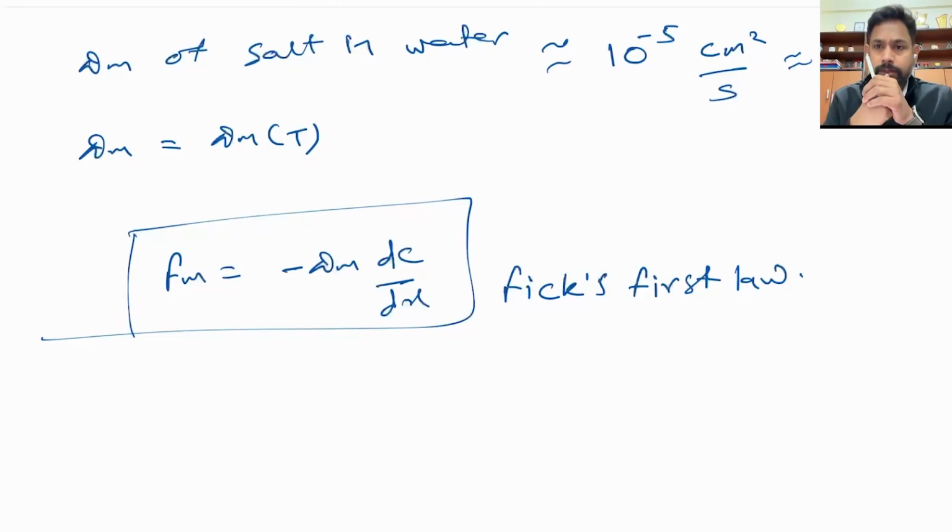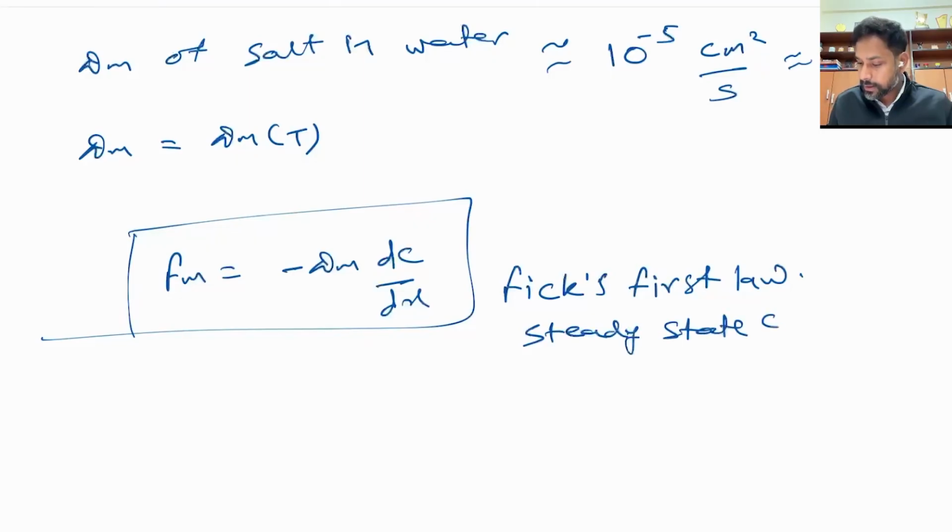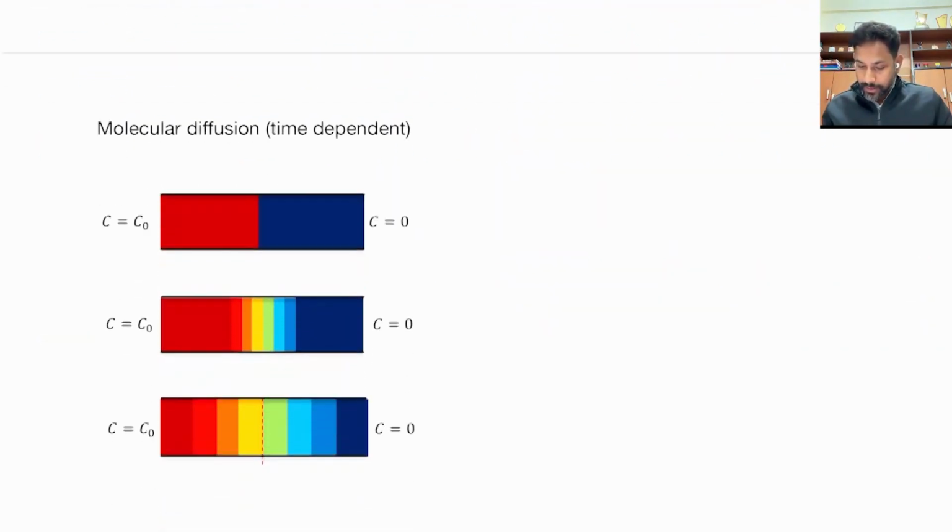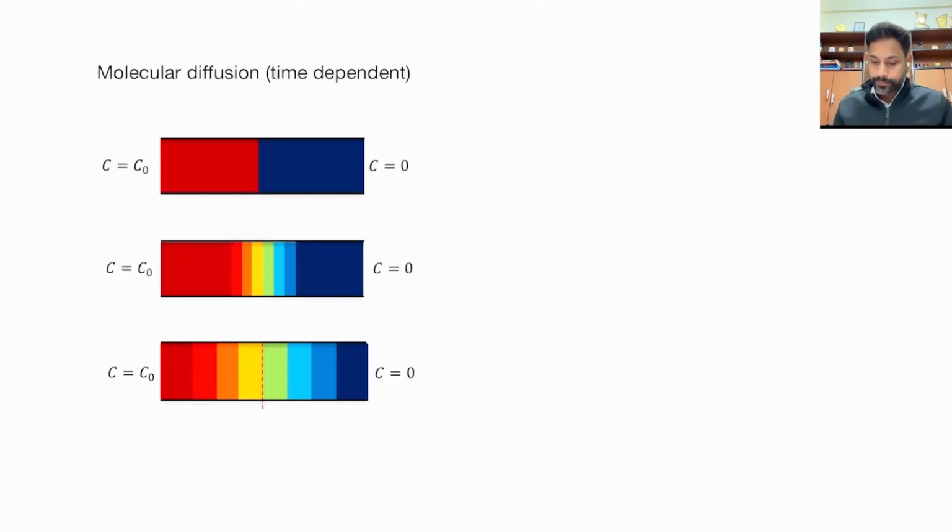Okay, this is known as Fick's first law, and this is specifically valid for steady state condition, where we are only trying to find how much mass flux will occur for a given condition at a given time. But now, if this condition is changing continuously, for instance, in this case, we might not be able to use the same equation that we have derived there.